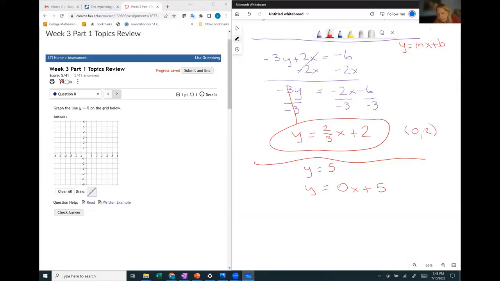So I know now I have a slope of 0 and I have a y-intercept of 5. I know I have a y-intercept of 5 and I'm not going up any, right? Because if m equals 0, then that equals 0 over basically any number, doesn't it?